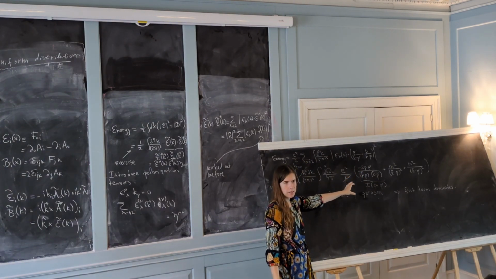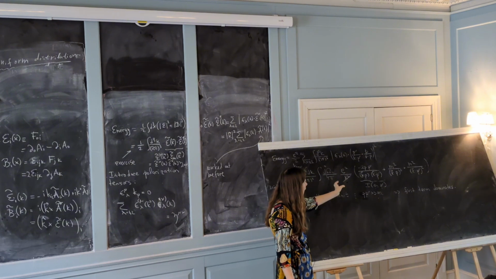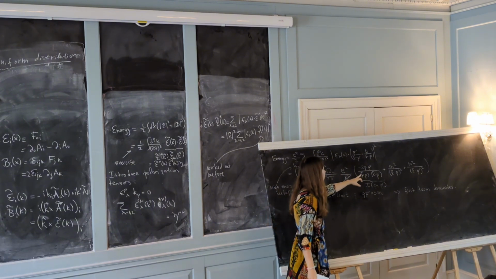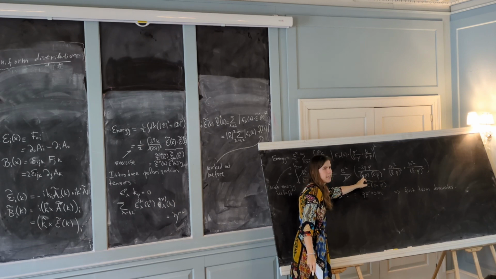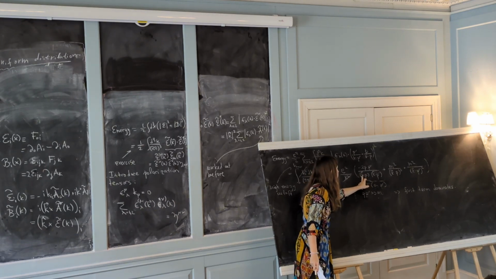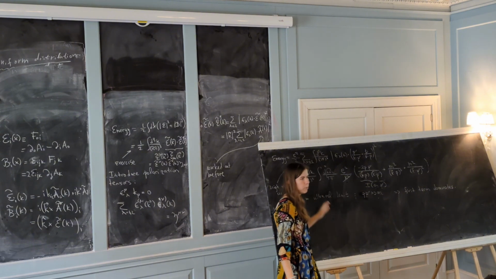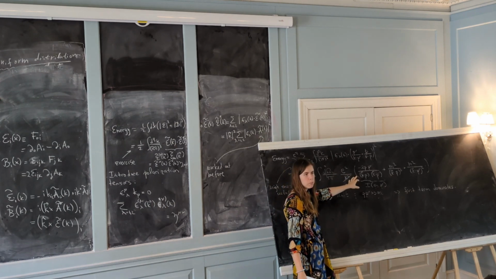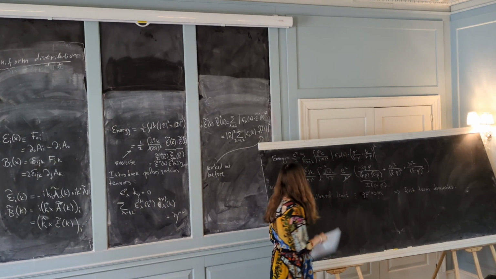Alternatively, you can just take the particle that is scattering to be massless. But in that case, you're going to start running into subtleties, because when the particle is massless, you can also generate collinear singularities that come from when k hat dot p and k hat dot p prime approach 0. This is not possible for massive p and p prime, but it can be possible if p and p prime were null themselves.